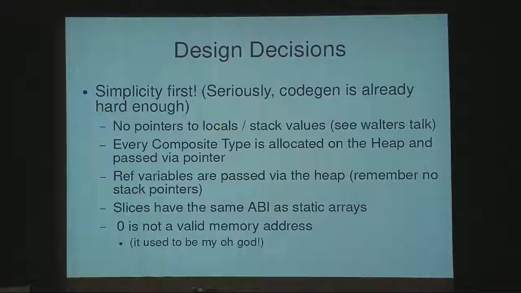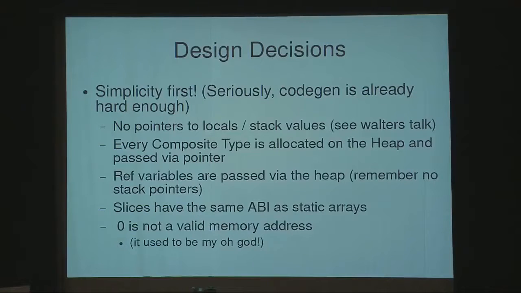Yeah, every composite type, so structs and classes, if we support them in like 3 weeks or 5 months, it depends how you see it, is allocated on the heap and passed by a pointer, because that makes it very easy to implement method calls where you need to have this pointer.